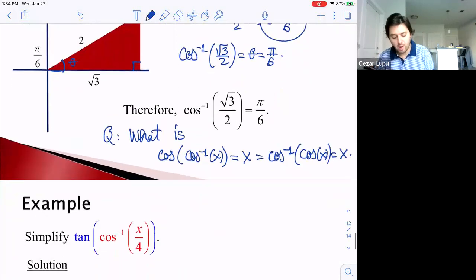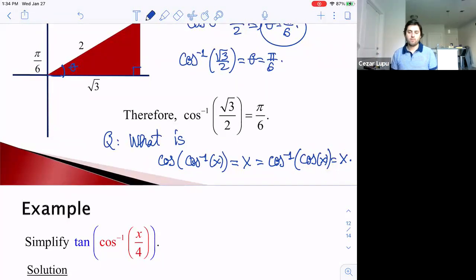All right, and now here we go. This is a little bit more complicated example. You have the tangent of cosine inverse of x over 4. Look at it and try to think about it for a second before we discuss it. How would you approach such a problem? Well, you have the tangent.